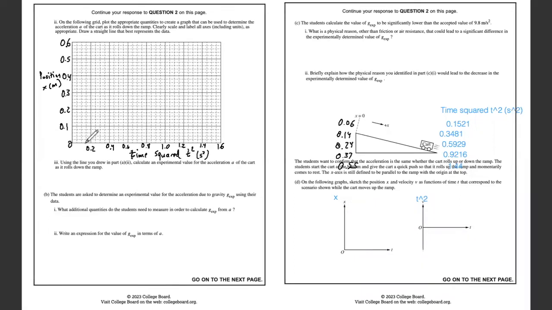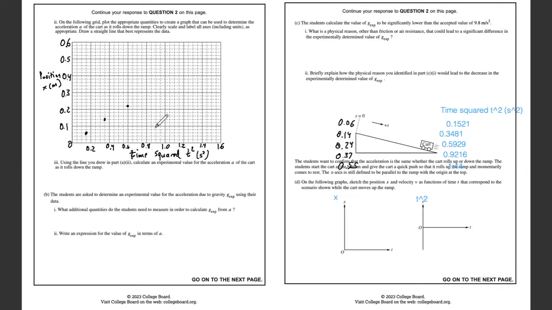So we get about 0.15, 0.006. Our first data point would be right there. 0.34 is going to be pretty close to the 0.35 mark. And then we go up to 0.14 right there. 0.6-ish. 0.24, I think, right there. 0.92, that's halfway between 0.9 and 0.95-ish.